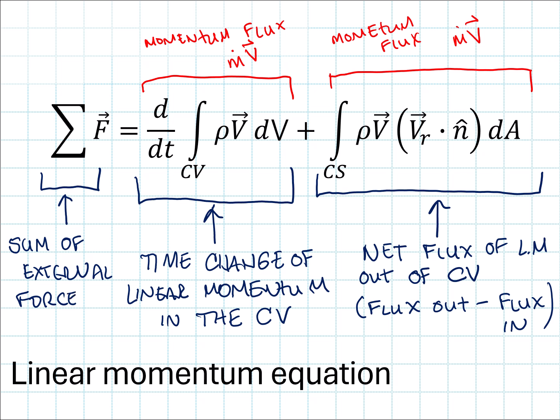And that's quite different from most of the other conservation laws that we've studied, in which the sum of the two terms on the right-hand side was always zero, meaning that there always had to be a balance between a net flux and a change in the control volume. So for linear momentum, the momentum flux can either balance the change of momentum in the control volume, or momentum can be unbalanced and the net force on the left-hand side can balance them.